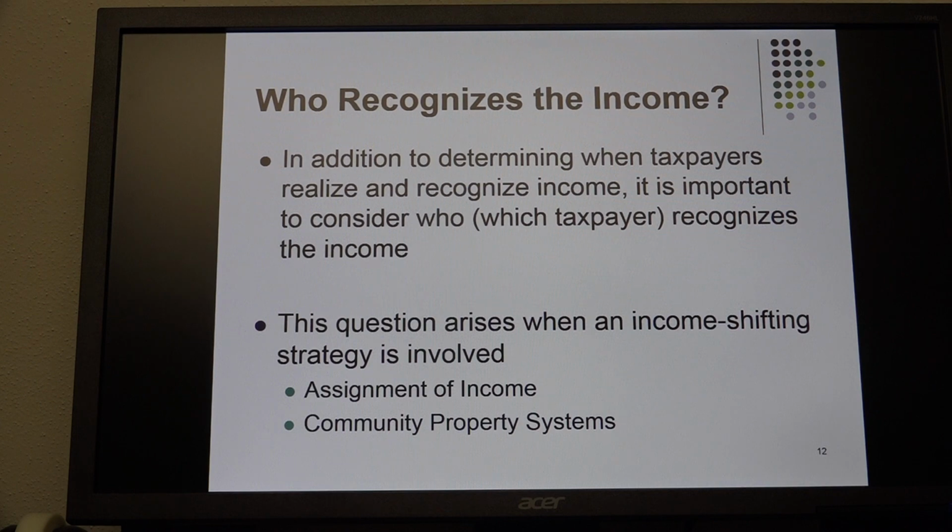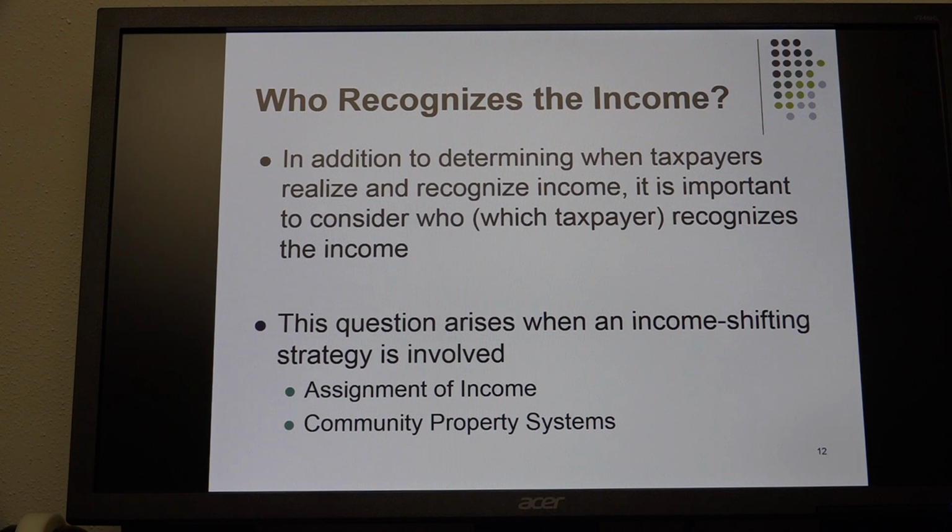And so we have this thing called the assignment of income doctrine, which holds that a taxpayer who earns income from services must recognize the income. You would think that would be a no-brainer.